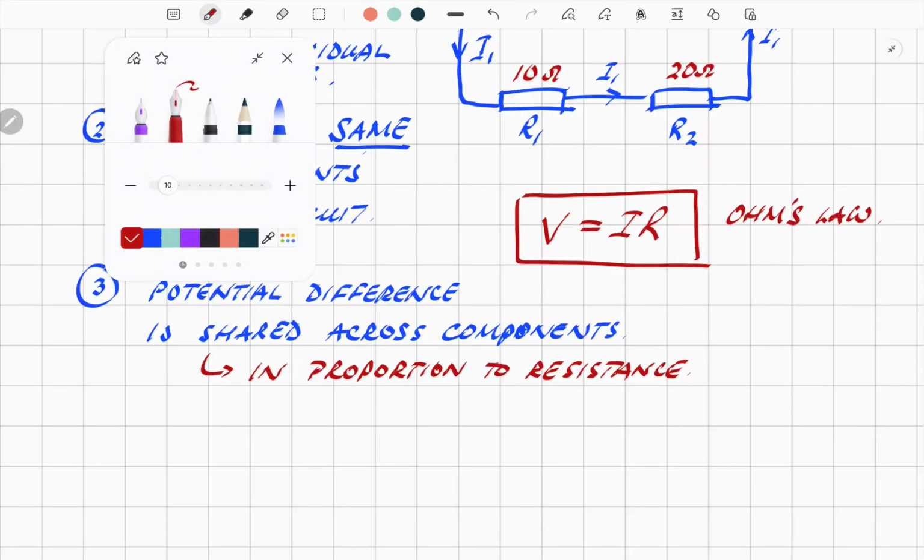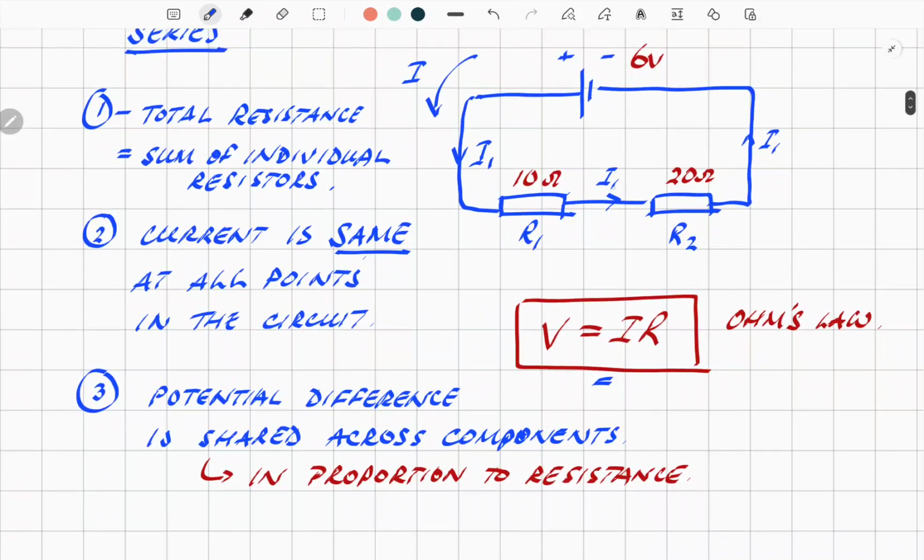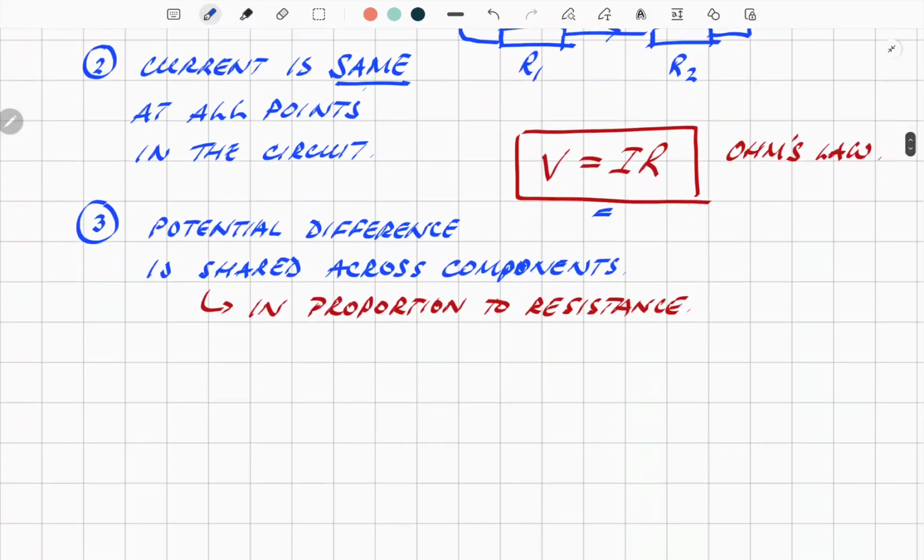And the example is this. So, for example, using Ohm's law, V equals IR, all right? Yeah. What is the total resistance of that circuit there? 30. It is, right? So we know, using V equals IR, that 6 volts equals the current times the total resistance, which is your 10 plus 20.